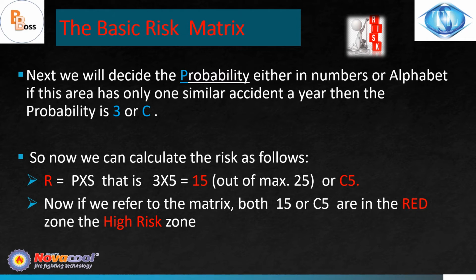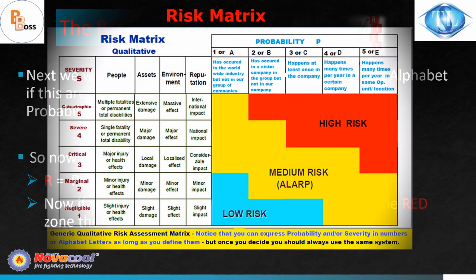Now, if we refer to the matrix again, you will see 15 or C5 is in the red zone, saying high risk, which means that crossing the road carelessly without looking both sides and waiting is a high risk activity.